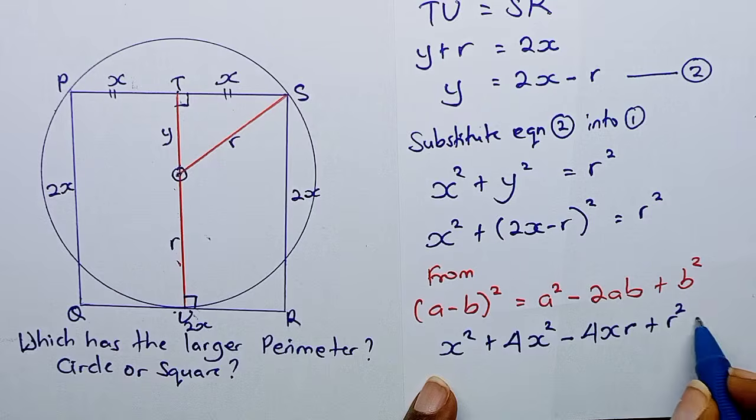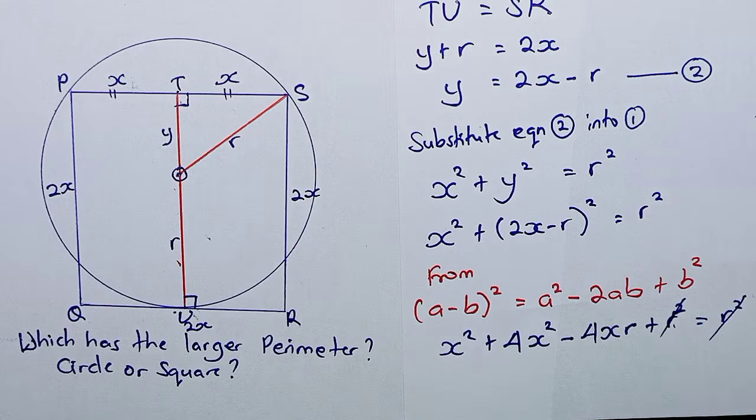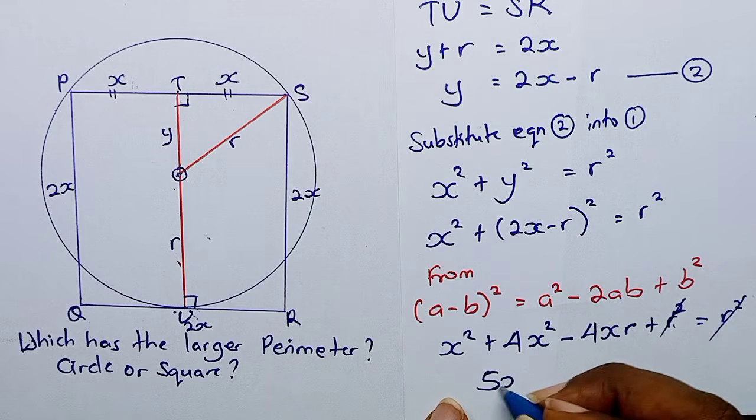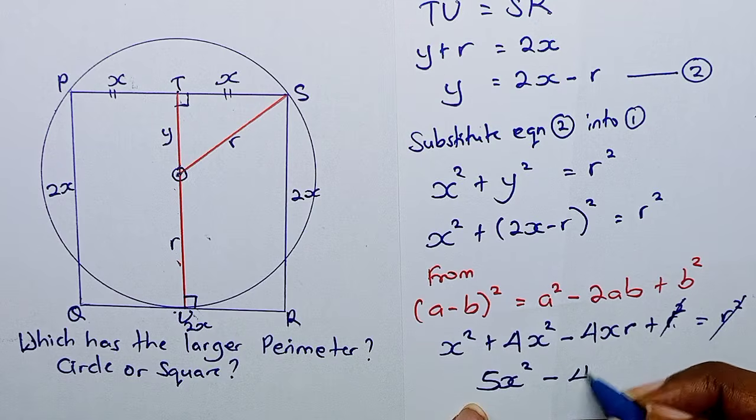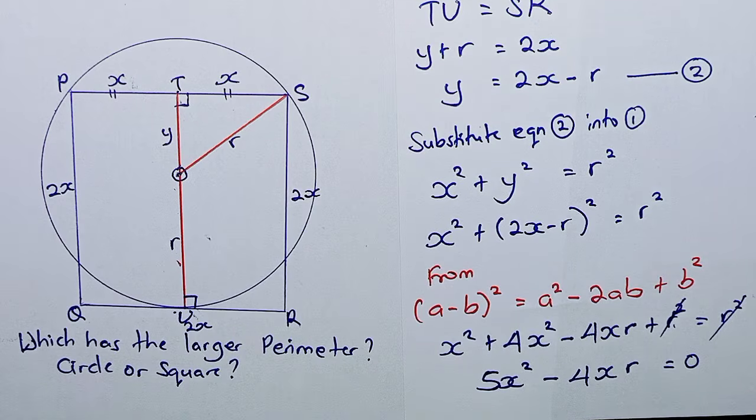So this is equal to r squared. So r squared crosses to this side and they cancel. So we are left with x squared plus 4x squared gives us 5x squared minus 4xr, and this is equal to 0.